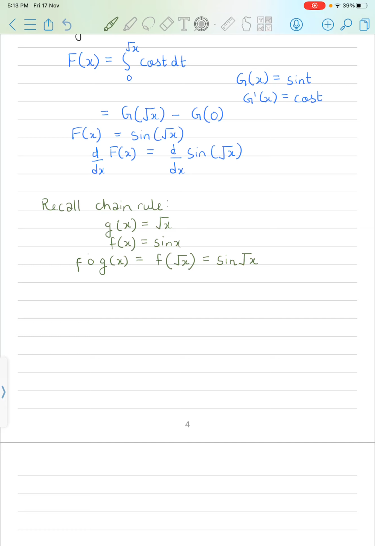So this is our function, and now what is our chain rule?